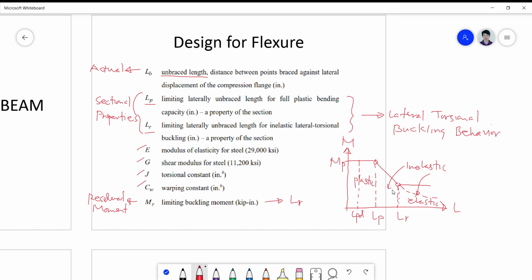So buckling may occur here in the inelastic or the elastic region, or it can happen that no buckling will occur when your lateral brace length does not exceed Lp.